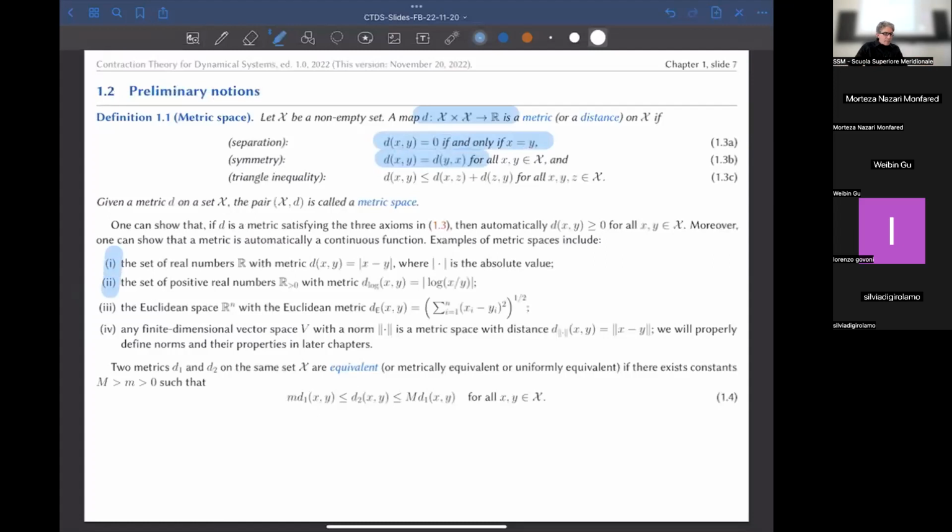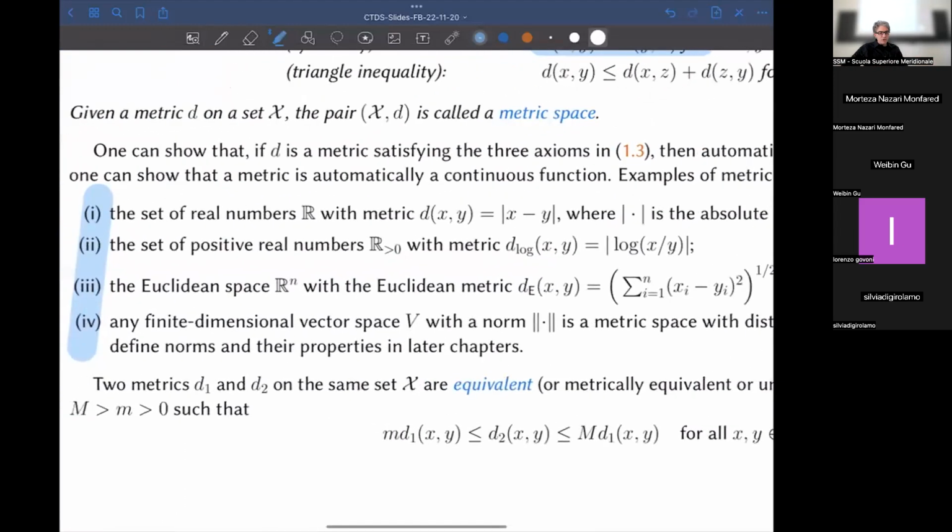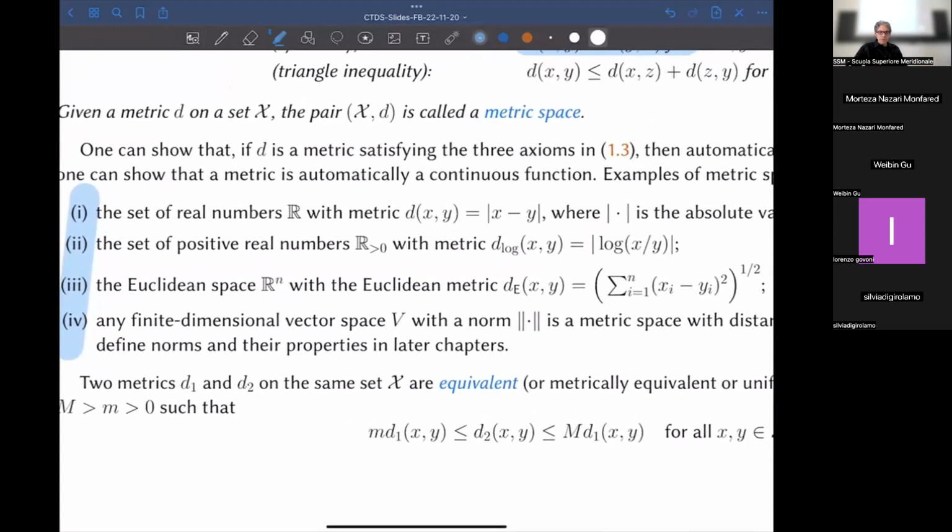There are many examples of different metrics that I'll let you read about. Just let's pick one, just to make sure it's not just vector spaces. Let's pick one that is not a vector space. The set of positive real numbers, and the metric is the logarithm of X over Y, absolute value. That's a metric.